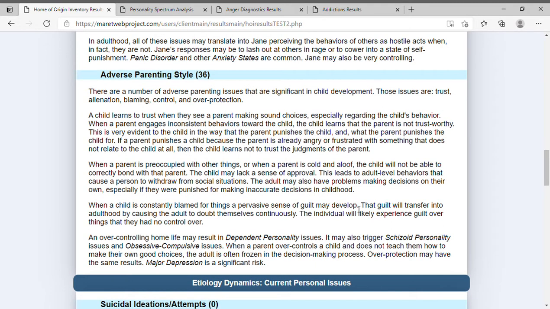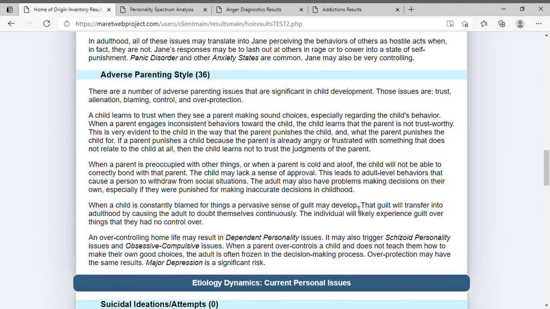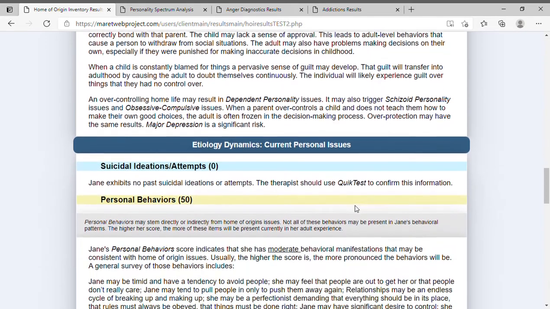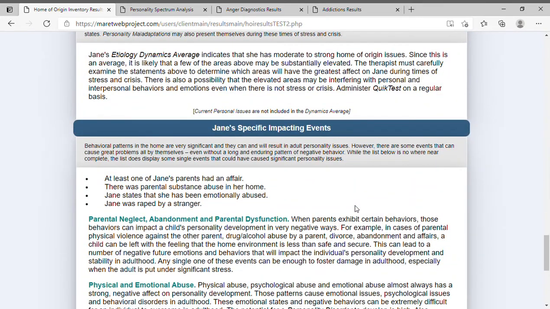Adverse parenting, again, there are some personality issues that may occur here. I think this is not the one with lack of empathy. This is OCD here. So you get an idea, and then down at the bottom, of course, this has been in here forever and will always remain part of it.